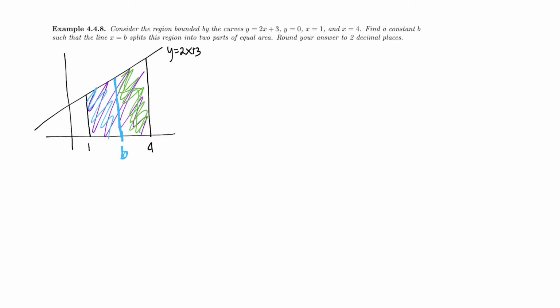So what we're going to do, I don't want to erase all of that. I just want to make this more blue. And I want to make this look more green.